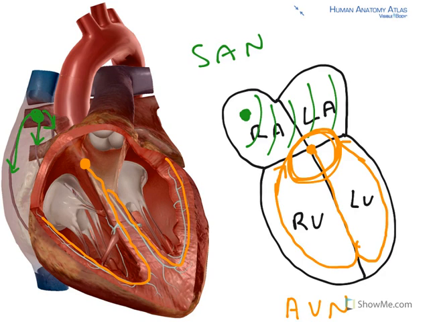So the electrical insulator, which is the atrioventricular septum, is a very important structure in the heart, and it can go wrong in some people.